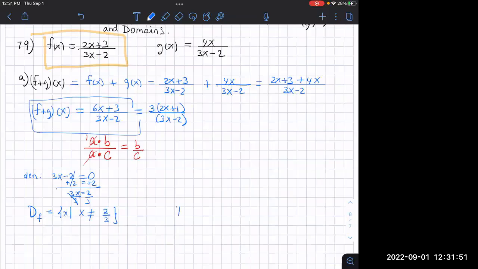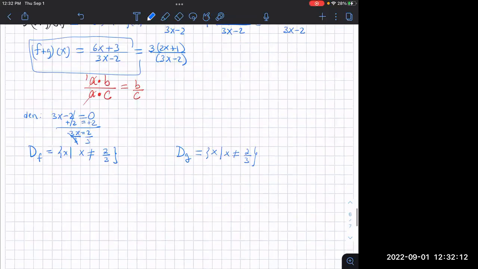Domain of g is another fraction. So again we look at the, oh, it's the same denominator. The denominator cannot be 0, so the domain of f and the domain of g are the same. There is my domain of f. If that is 2/3, everything is shaded except that.